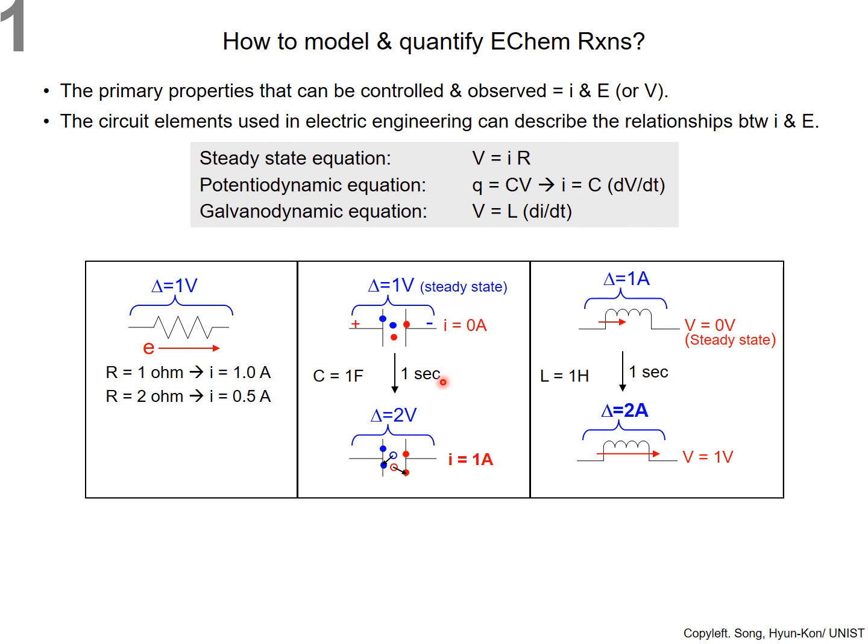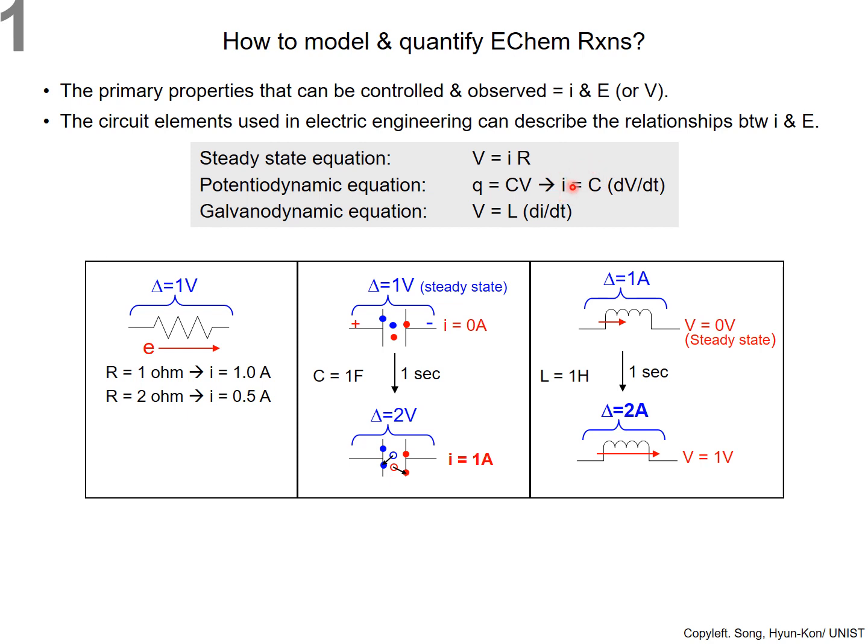Then what happens? Some charge carriers are moving while your potential is changing with time. If you have 1 farad for our system, then you could obtain 1 ampere when delta V is 1 volt per 1 second, going from 1 volt to 2 volts.